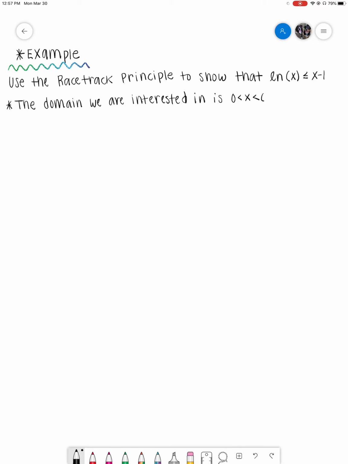Sorry about that. There we go. So we're only interested in 0 to infinity, and we'll see that x equals 1 is an important point in this interval. So things kind of act differently in the less than 1 and greater than or equal to 1 chunks.